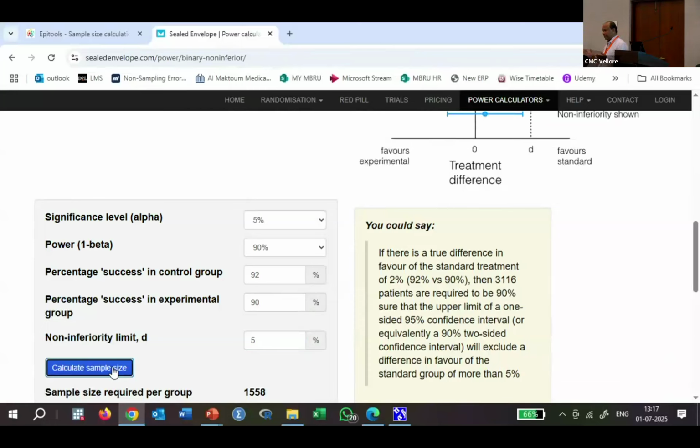So it is easy to assume, if you have a number problem, that the effects are the same in both arms and calculate the sample size. Is that okay?